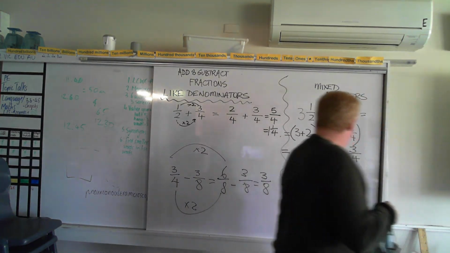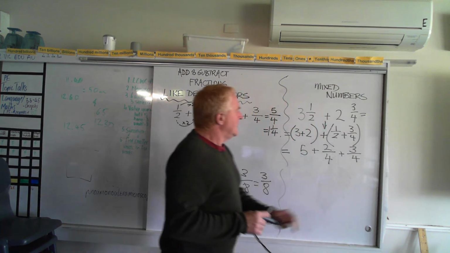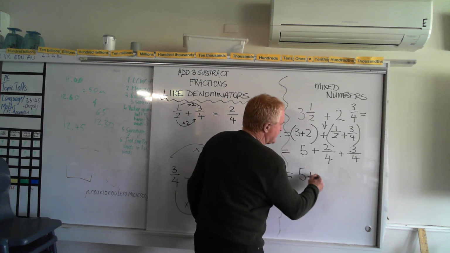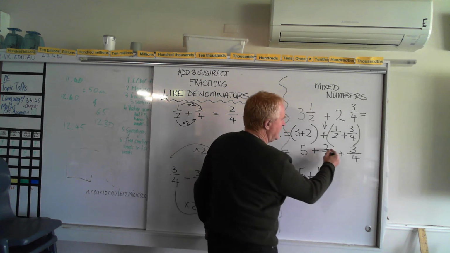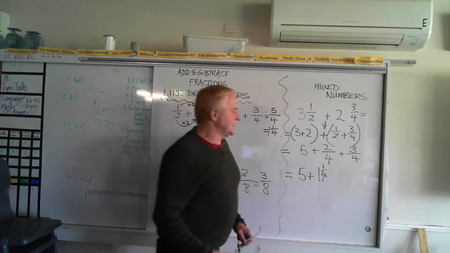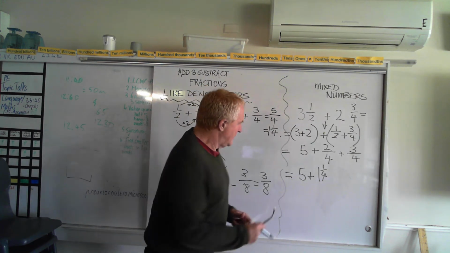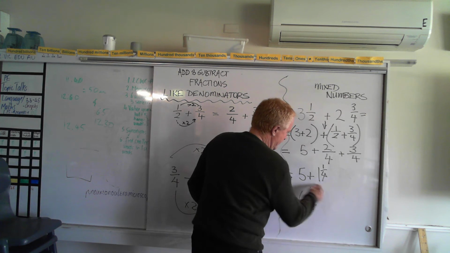It's out of the way there. Next line down, we've got 5 plus 1 and 1 quarter. Remember? 2 quarters plus 3 quarters, 5 quarters, 1 and 1 quarter. 6 and 1 quarter is our answer.